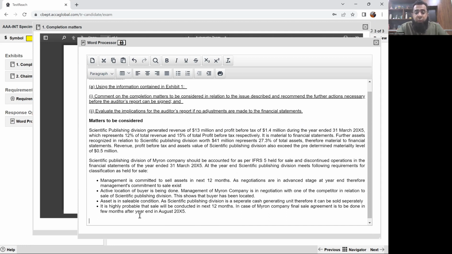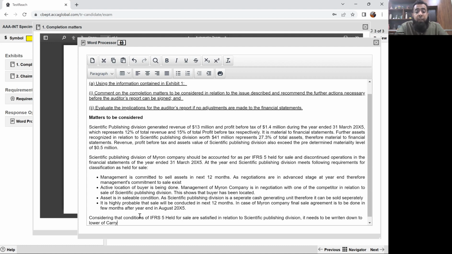As the conditions of IFRS 5 held for sale are satisfied in relation to Scientific Publishing Division, it needs to be written down to the lower of carrying value and selling price less cost to sell.